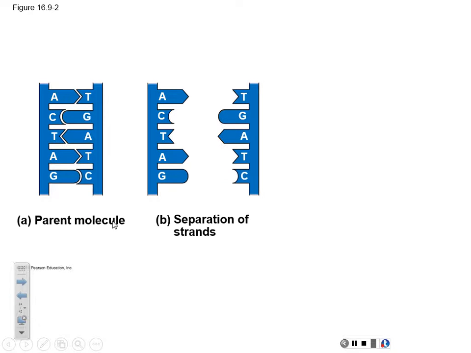And then, when you replicate the DNA, you separate the two strands, right? And what if, at this point, you fed the bacteria no more of that nitrogen 15? You have them start making their nucleotides out of a different kind of nitrogen.